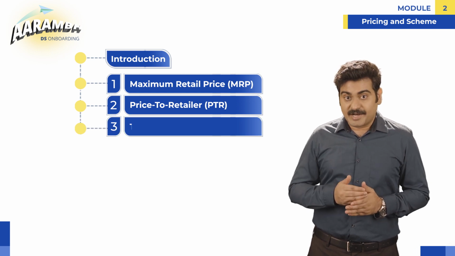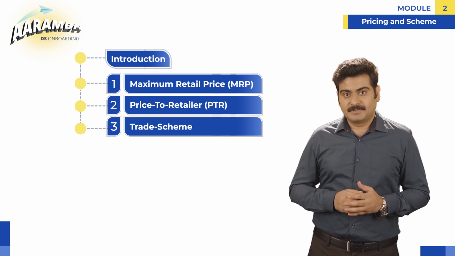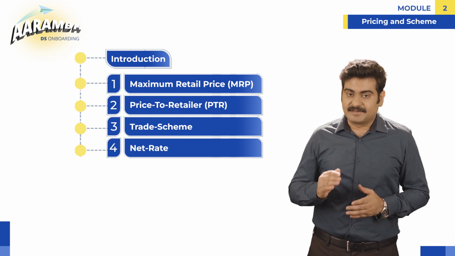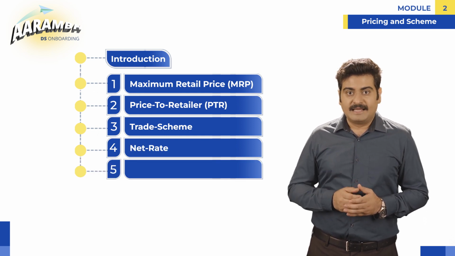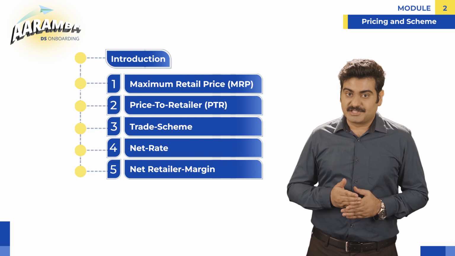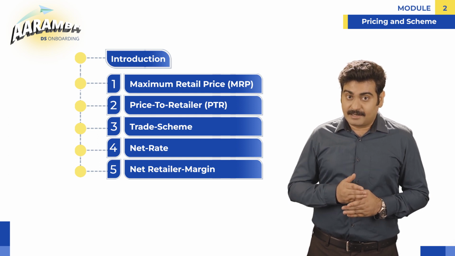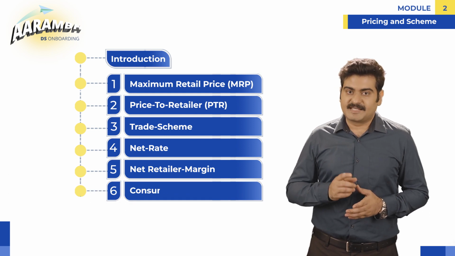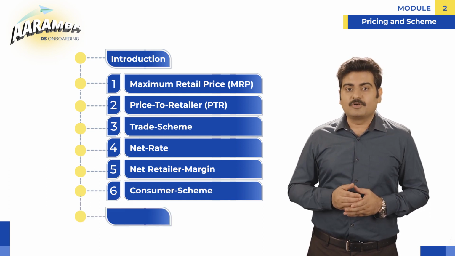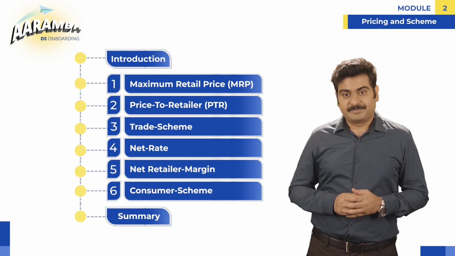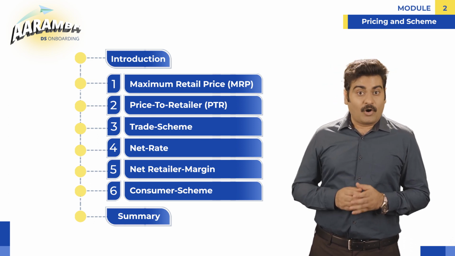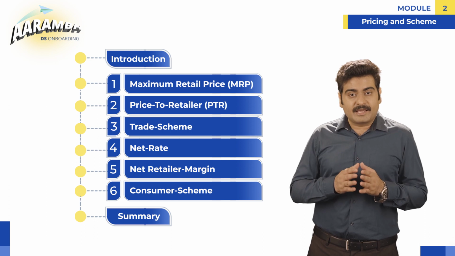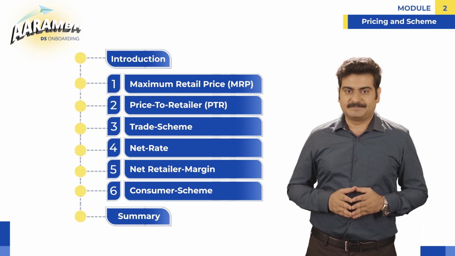Third, schemes that are available to businesses. Fourth is net rate. Fifth, net retailer margin means the total profit of the retailer. And sixth, consumer scheme, that is offers available to consumers. Let us move ahead and understand each topic in detail one by one.